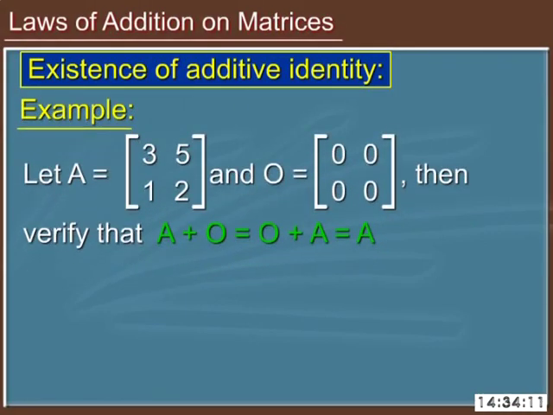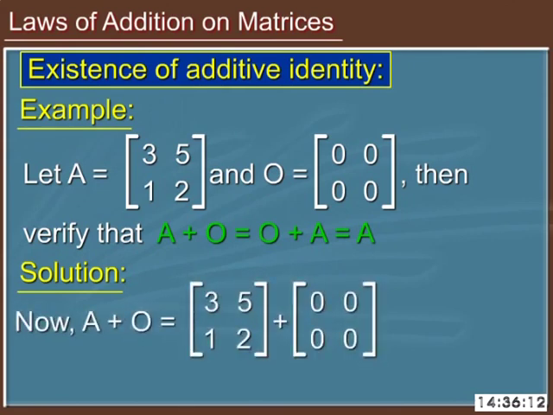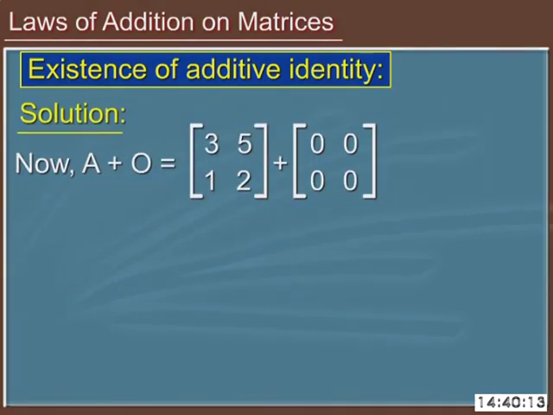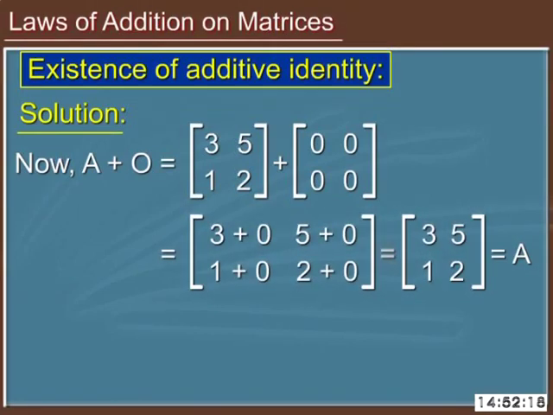Now its solution. Matrix A plus 0 matrix of the same order, matrix O, is equal to matrix A having first row elements as 3 and 5, second row elements as 1 and 2, which is a square matrix of order 2, plus 0 matrix of the same order 2 by 2.